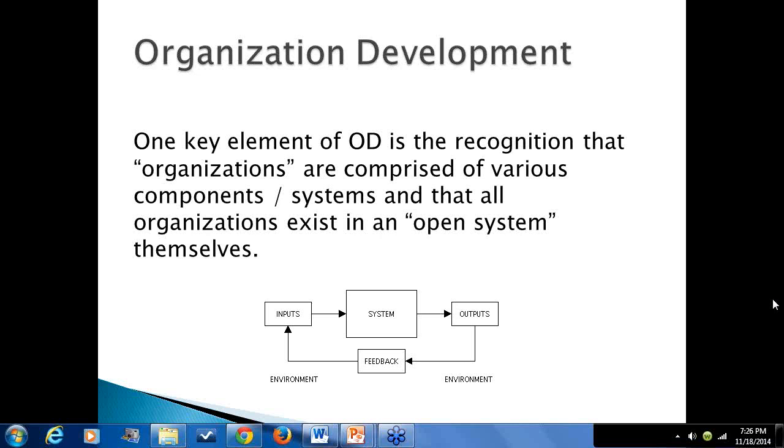The fourth thing I want to talk a little bit about in this little model is the idea of feedback, the bottom box there. Feedback is what allows a system to attain its steady state. It helps it stay in balance. There are two types of feedback loops. The first is called negative, or error control, and it's information on which the system reacts after the fact, or after the error has occurred.